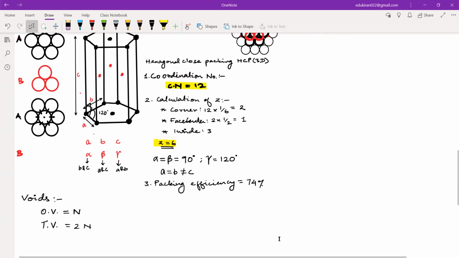So n will be the number of atoms in the unit cell, and you know what letter determines and tells you about the number of atoms in unit cell. Okay, chaliye, write this down. Send the answer of octahedral voids and number of tetrahedral voids in chat.